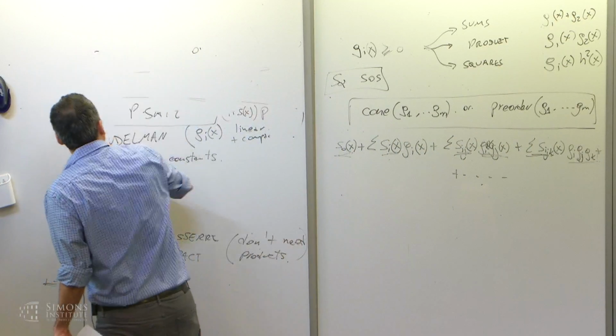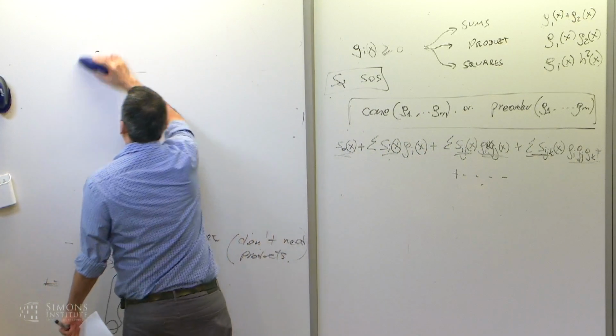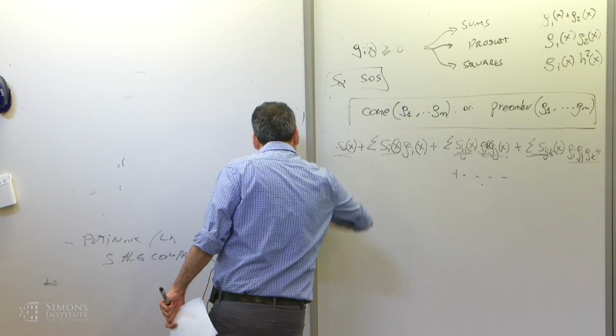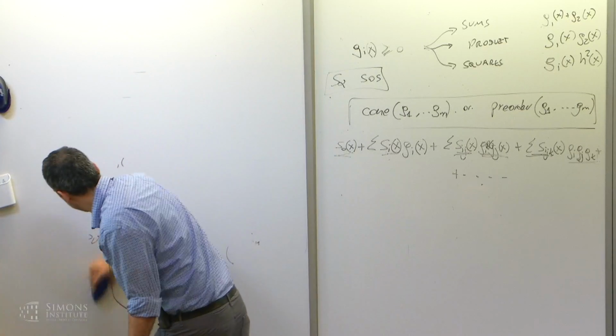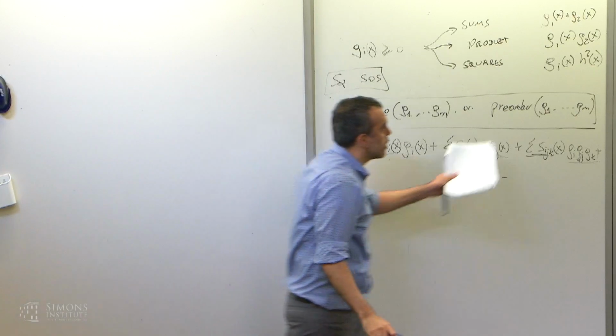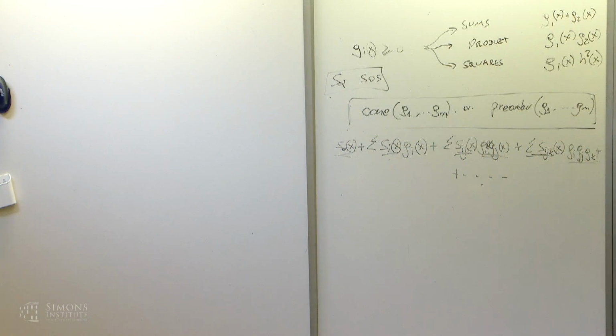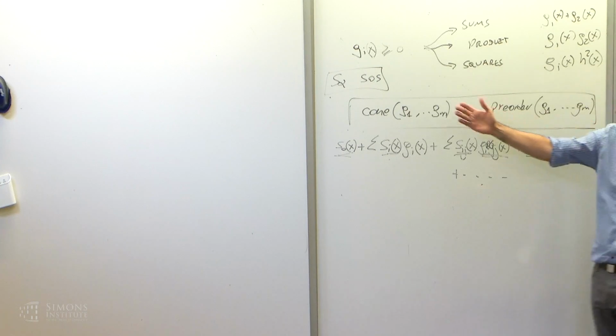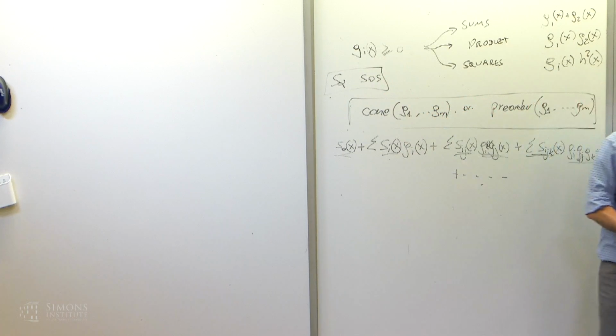So one of the things that's somewhat frustrating in here is that it's not terribly easy to understand why these things are true. And again, in the general case, if you don't really know anything about your polynomials g sub i, very complicated things can happen.